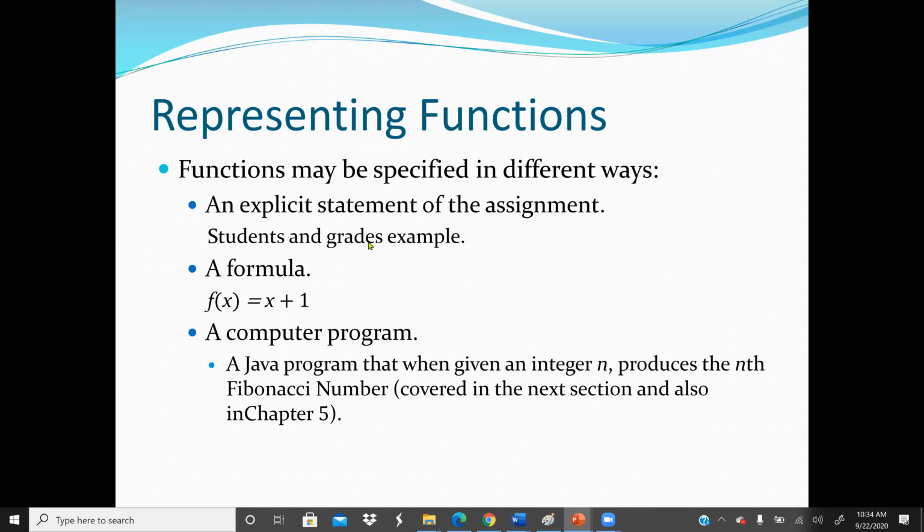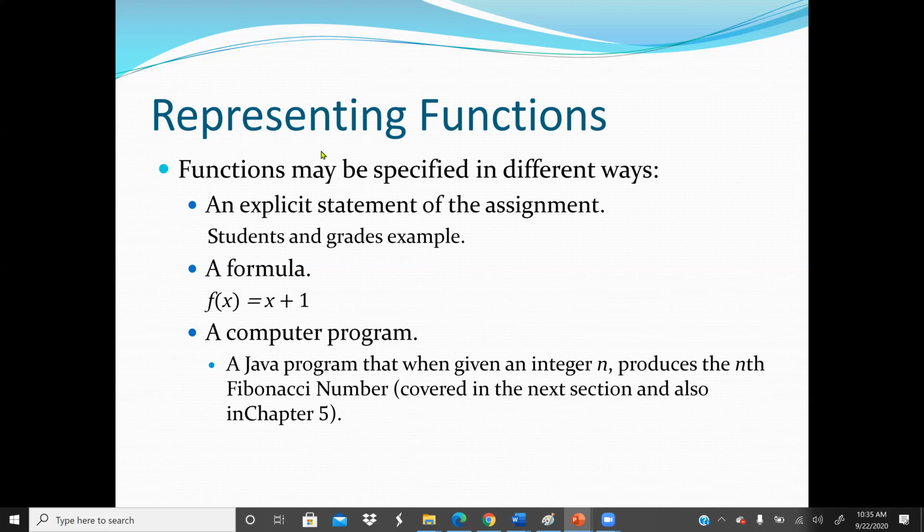An explicit statement of the assignment, students and grade, for example. Or a formula, f(s) equal to s plus 1. Or a computer program, here we say a Java program that when given an integer n, will produce the nth Fibonacci number. So our function is a function that will give us the Fibonacci of a number. This will be covered again in chapter 5.